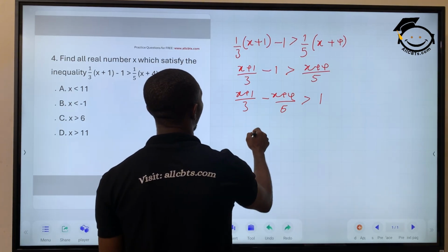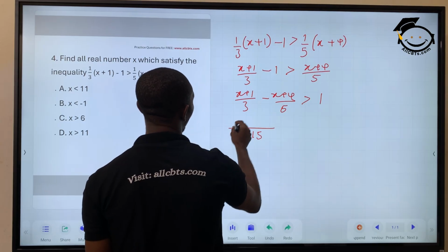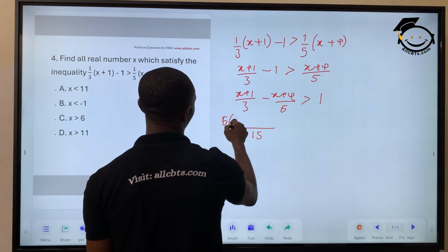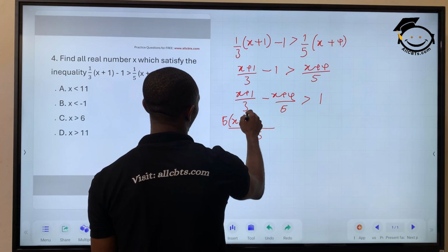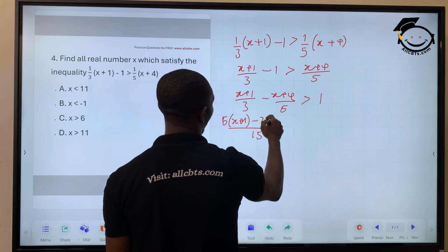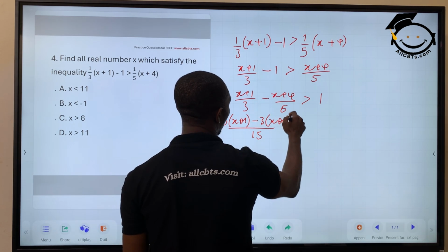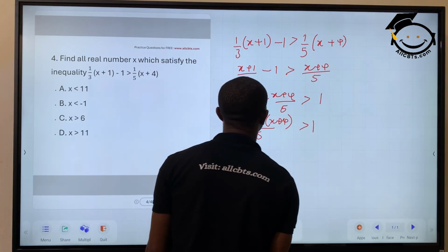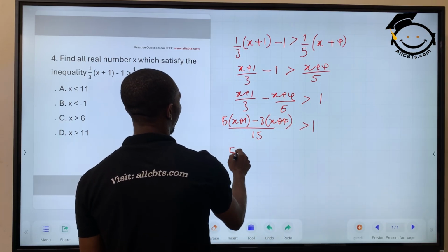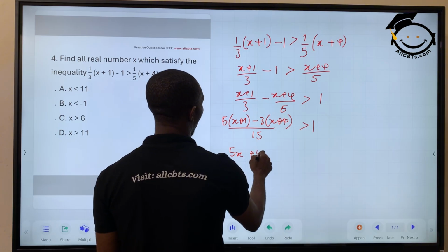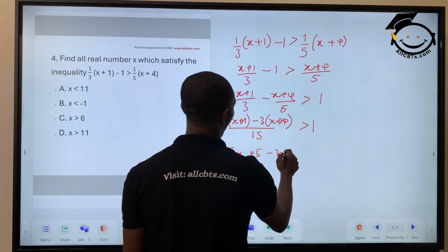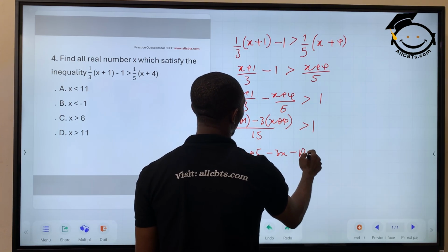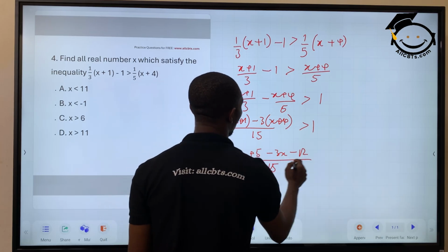Now our LCM will be 15. This becomes 5 bracket x plus 1 minus 3 bracket x plus 4, which is greater than 1. So this gives us 5x plus 5 minus 3x minus 12 all over 15.